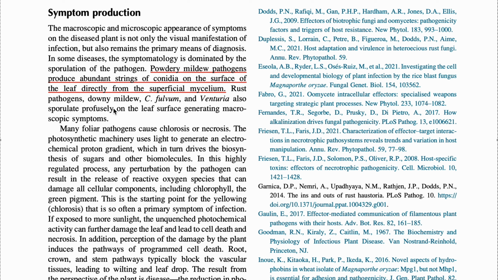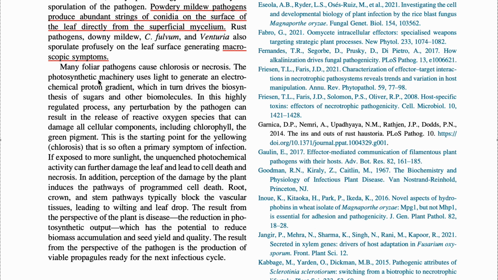And rust pathogens, downy mildew, Cercospora, Venturia also sporulate profusely on the leaf surface, generating macroscopic symptoms. Right. So these are macroscopic symptoms that we get to see. They are not always internal. We have external, internal signs, symptoms, so many means of diagnosis.